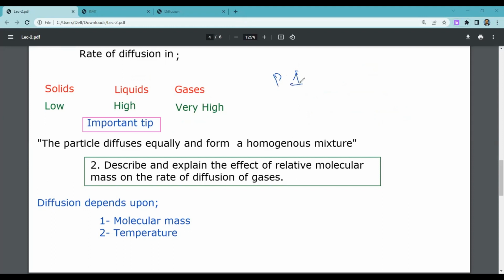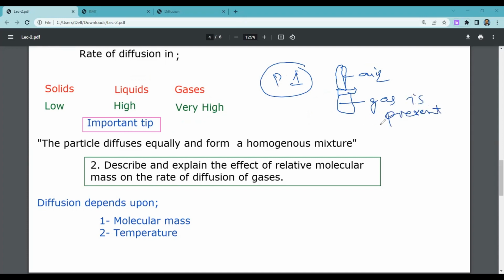The examiner asks: here is a jar, air is present, and here a gas is present. Assume this gas is red in color. He asks, after some time, what will be the color of the jar?